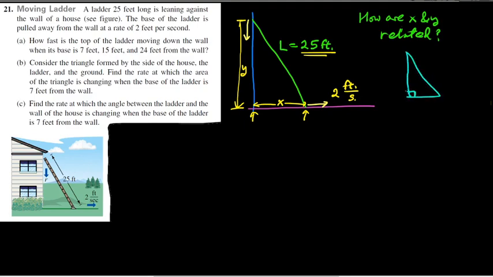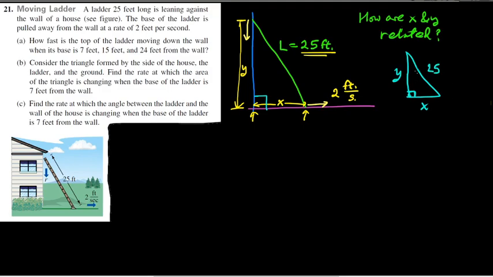This is a right angle. Why is it a right angle? We're assuming the wall is vertical. Usually when you have the side of a house, the wall is straight up and down. If you have a house that's leaning, that's probably not a good thing. So we're assuming the ground is horizontal and the wall is vertical, which makes this a 90-degree right angle.